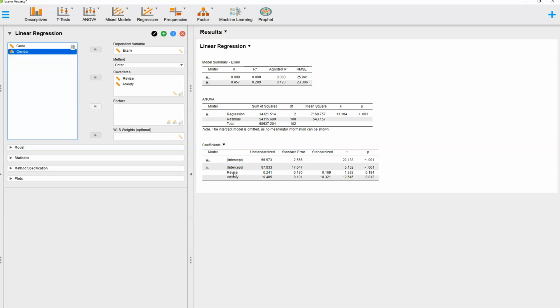What we do is we start with the intercept, and so we say that our predicted value is going to be the intercept, and to that intercept we add our x value. Say, for example, it was 10 hours of studying, so we multiply the x value by 0.241. We calculate that out, it would be 2.41, and we set that aside.